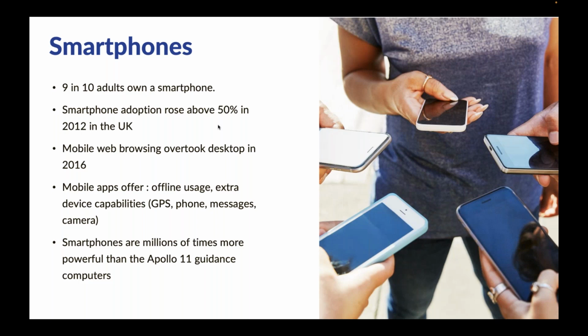And what do you get out of mobile apps? So mobile apps offer you things like offline usage, device capabilities such as GPS, phone, and messages and camera. One interesting stat I saw when I was doing a bit of research for this presentation was that an individual smartphone is millions of times more powerful than the guidance computers used on the Apollo 11 mission.